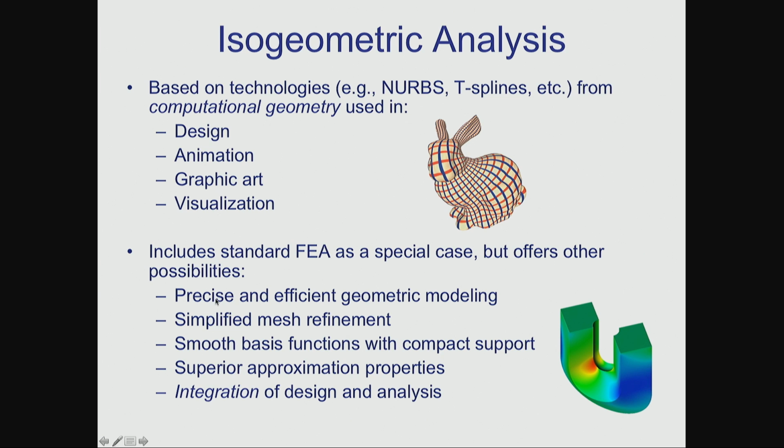First of all, you can do very precise and efficient geometric modeling. It can, in many cases, simplify mesh modeling and refinement, and de-refinement. And I'll show some examples of that. And what's more, the real sweet spot in isogeometric analysis is smooth basis functions with compact support. I'll emphasize the word smooth.